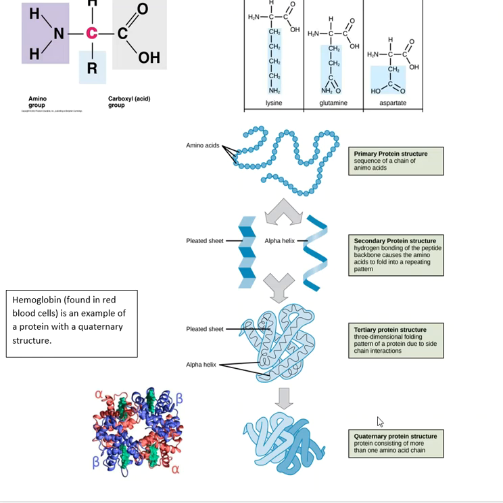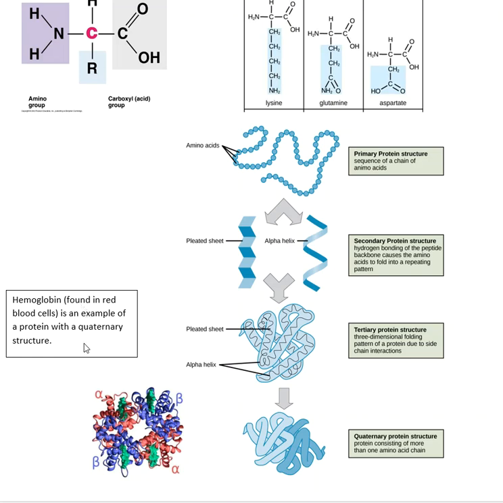The last level of protein structure does not apply to all proteins, but an example is mentioned in this particular topic that is applicable, and that is the protein called hemoglobin. Hemoglobin is a pigment found in red blood cells, and it functions to carry oxygen, which your cells need to produce energy.